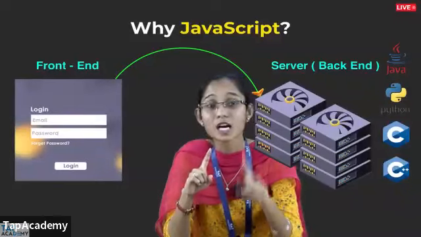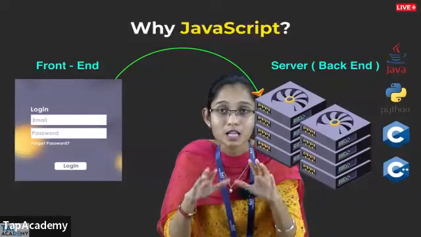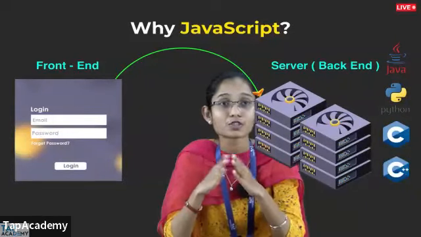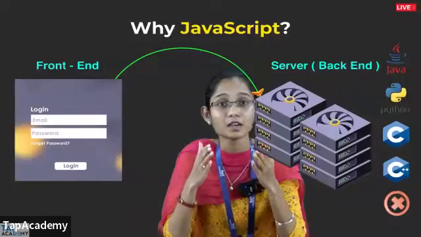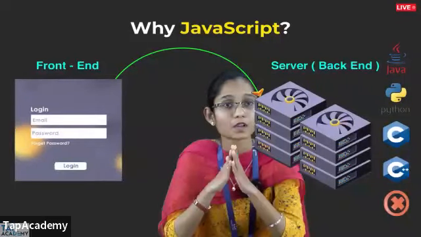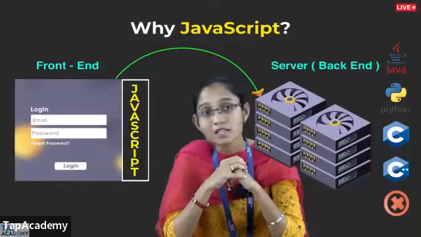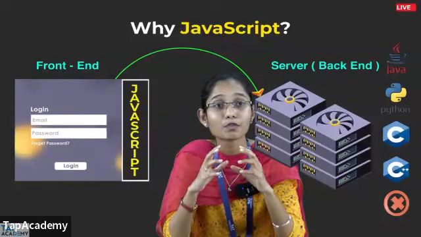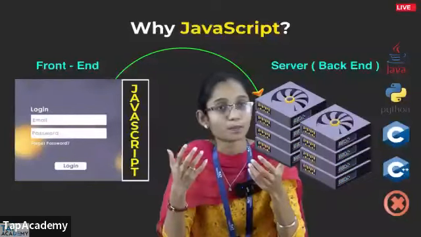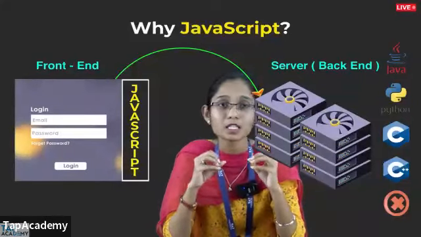But JavaScript is not a backend language, it is a front-end language only, where all these logical things will be happening in the front end only. Okay, so you can see JavaScript will perform all the computation parts, like how Java does, or Python does, C or C++ does.